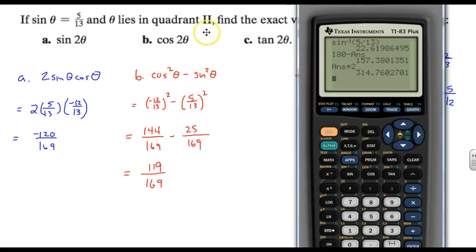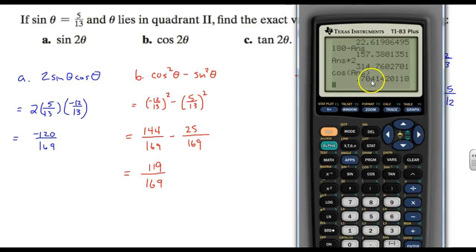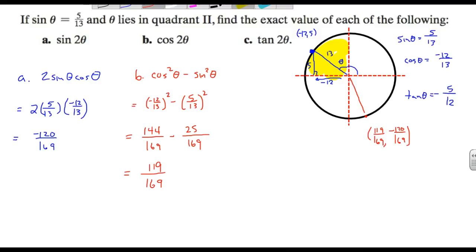Now if we take the cosine of that angle, we get this 0.704, which if we dial in 119 over 169, there's that 0.704 again. So we can check our answer, understand this, but we got to understand why they are giving me this, because it's vital. You have to know reference angles and the fact that arcsine and arccosine put you in different positions on that unit circle. Alright, now tangent, I can do a couple of things.